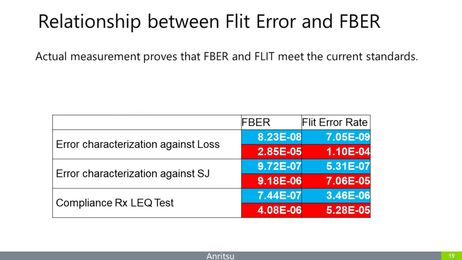That means FBER can be used to judge the retry rate of flit. So we confirmed FBER can be used. In any case of loss, SJ and compliance test, FBER can be used to judge that the flit error rate or retry rate can be less than 3E minus 5.